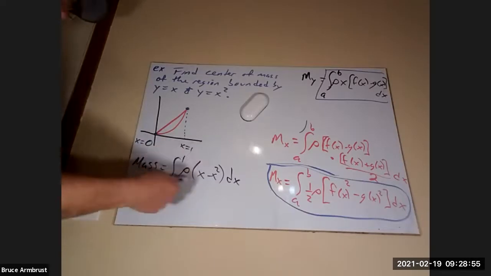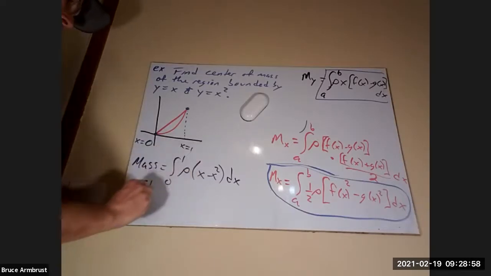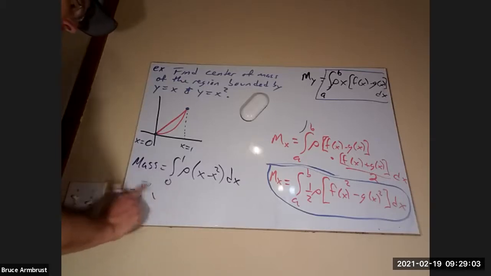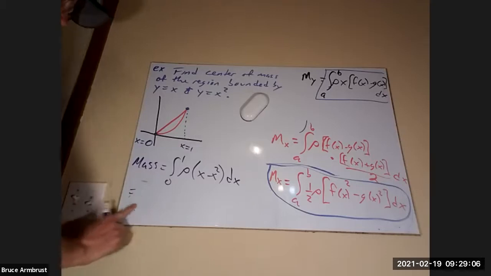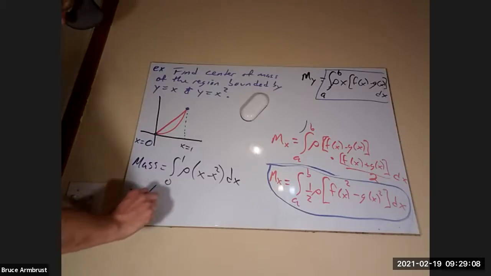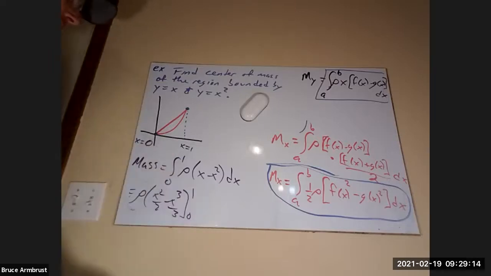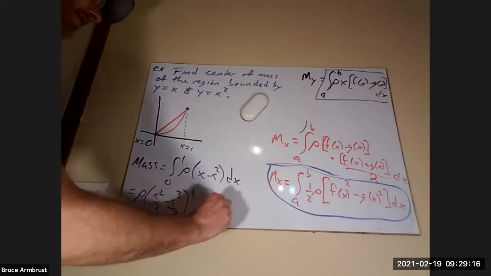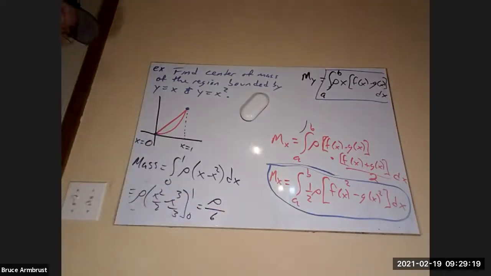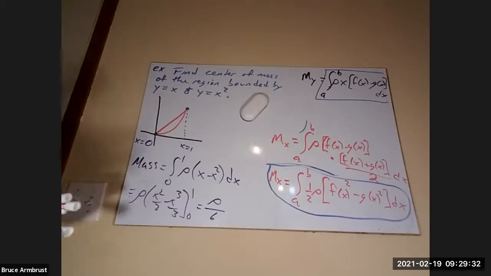X squared over 2 minus x cubed over 3, from 0 to 1. Pull the rho out front. Rho times x squared over 2 minus x cubed over 3 from 0 to 1 gives you 1/6. So we got rho over 6. So if you know what the density is, divide it by 6, and that's the mass of that. All right, cool. First step.